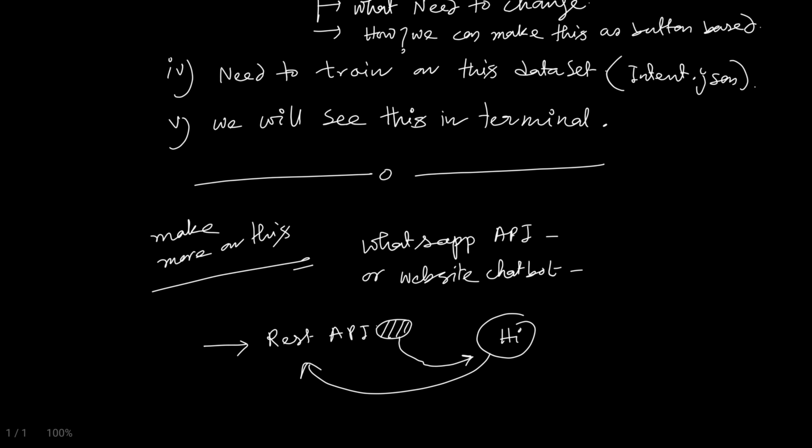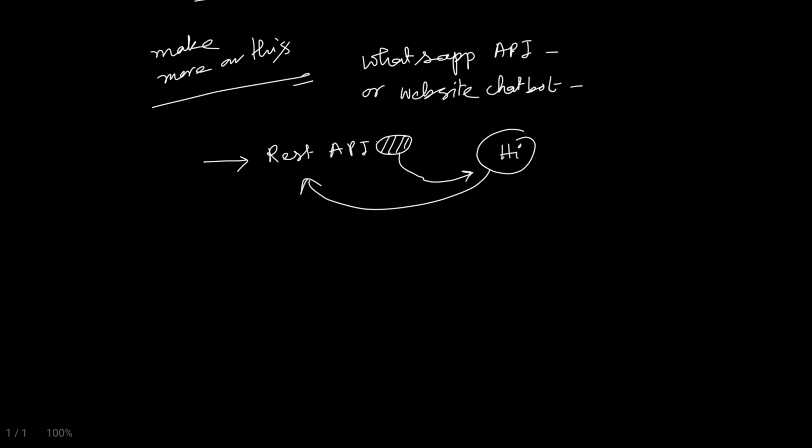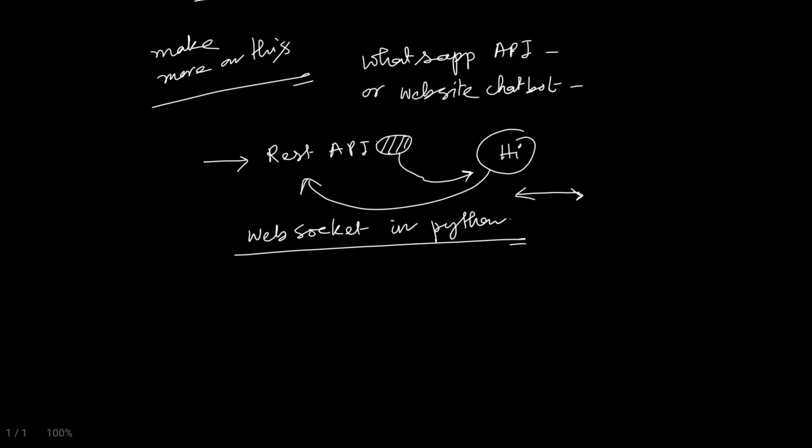You need to make some REST API, and if you want more interaction, mainly for a website chatbot, you can implement WebSocket in Python. WebSocket is bi-directional communication. Here you have the client and this is the server. When you send a message it comes here, and if the bot generates a message, it will send it to you.